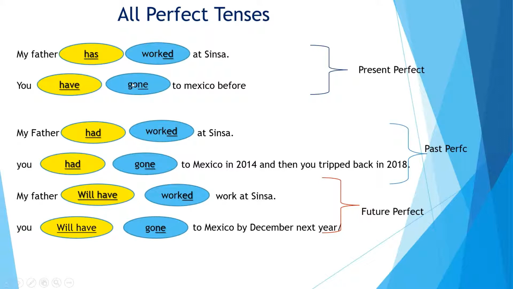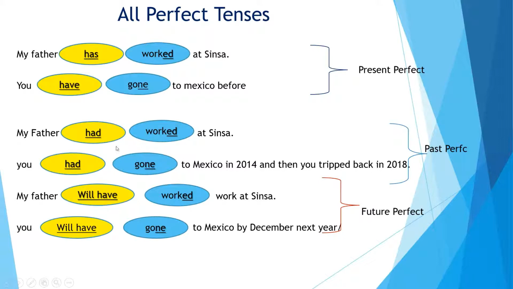You have gone to Mexico before. But look here. My father had, you see, it's not has. I am changing my auxiliary. Had worked, okay? But my verb, okay, my main verb will stay in past participle, okay? So you had gone to Mexico in 2014 and then you trip back in 2018.